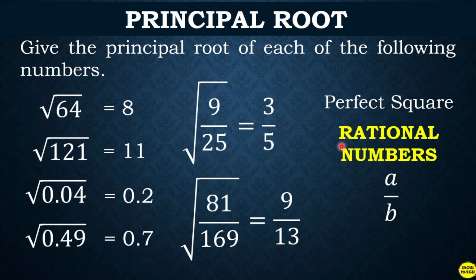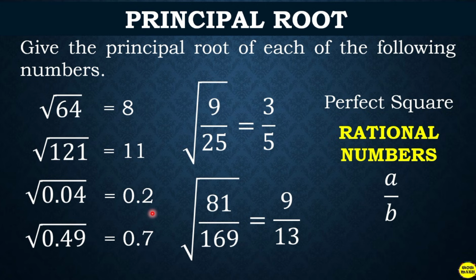That's why, ang mga perfect squares, kapag binigyan kayo ng perfect squares, automatic, the square root is a rational number. Kasi ito, A over B, pwede mo to i-express as a fraction, right? Kung babalikan natin yung conversion ng decimal to fraction, because this is an example of terminating decimals.